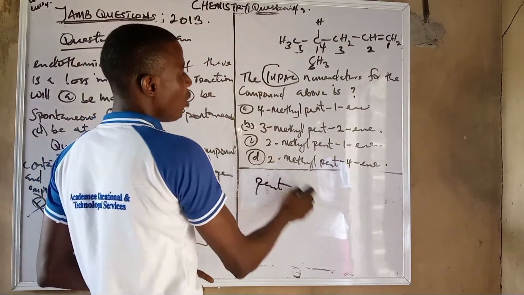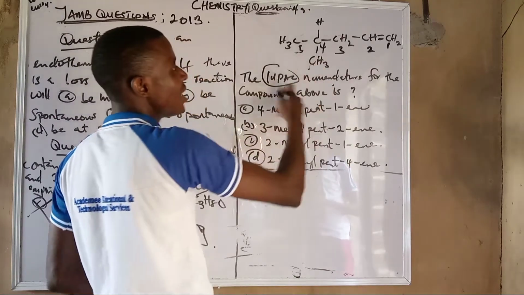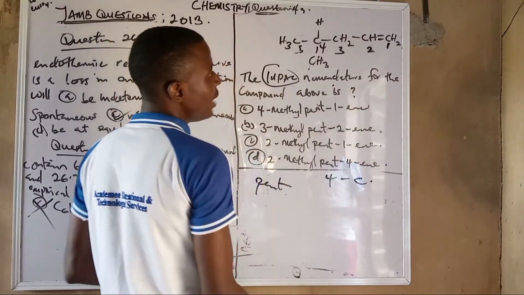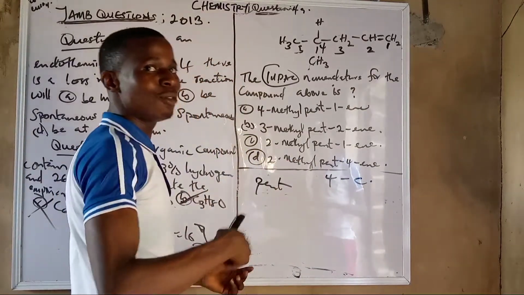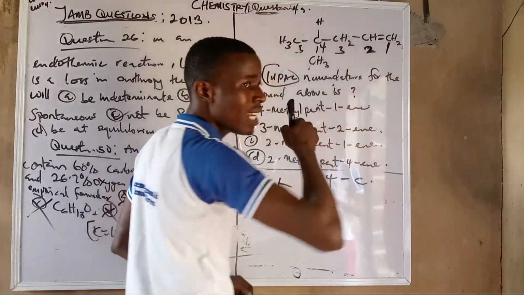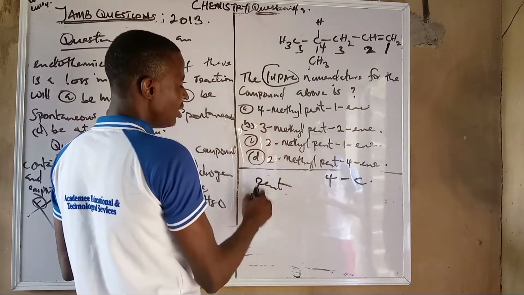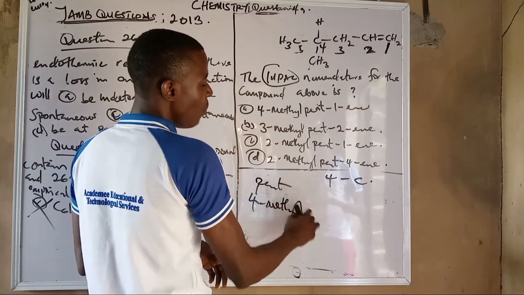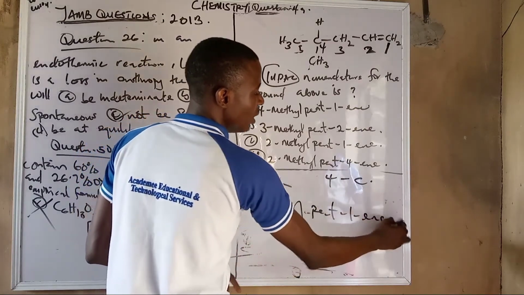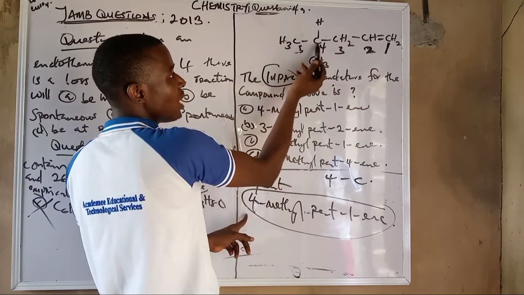Pent. But at what carbon atom is this methyl group attached? Carbon atom 4. Then at what carbon atom do we have the functional group? We have carbon atom 2 and 1, but the smallest figure here is 1. Which means it's 4-methylpent-1-ene. This 4-methyl is because we have a methyl attached to carbon atom 4.